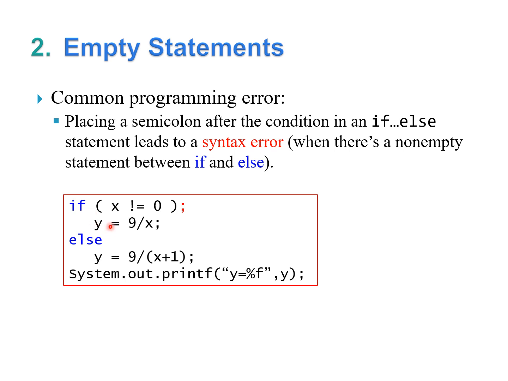When writing this if-else statement, we intended to assign y to 9 over x if x is not equal to 0, and assign y to 9 over x plus 1 if x is equal to 0.